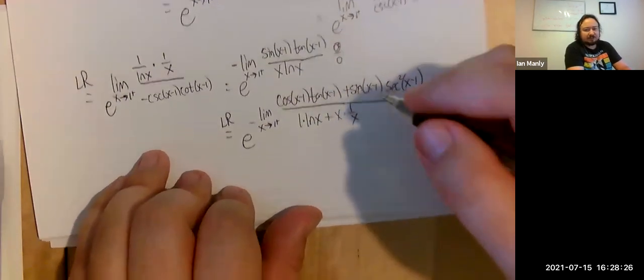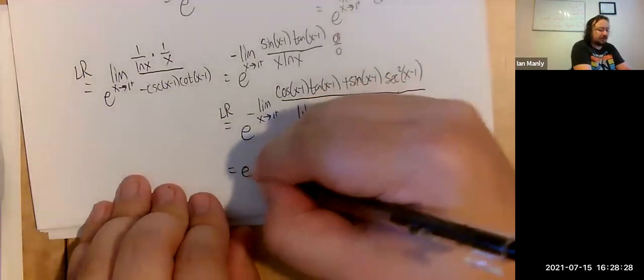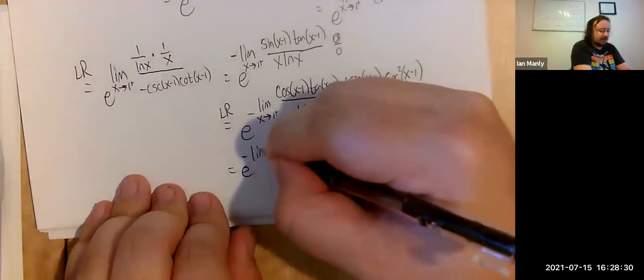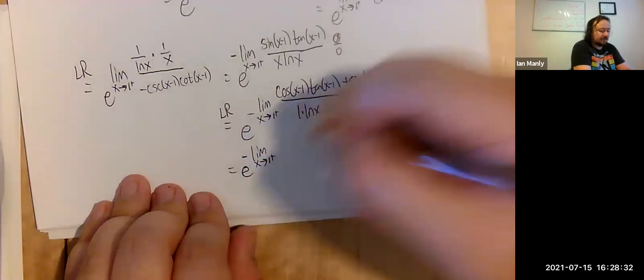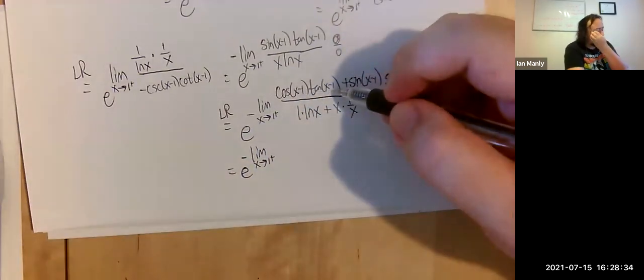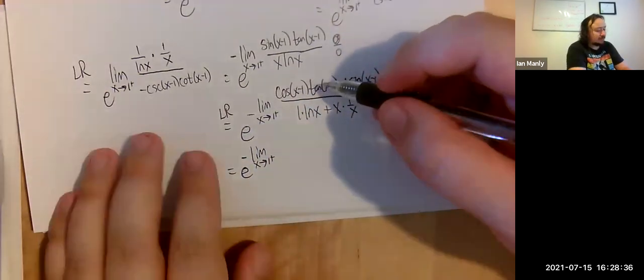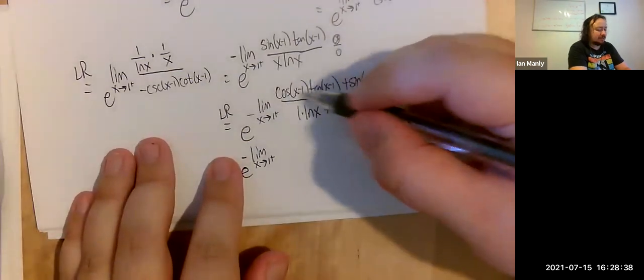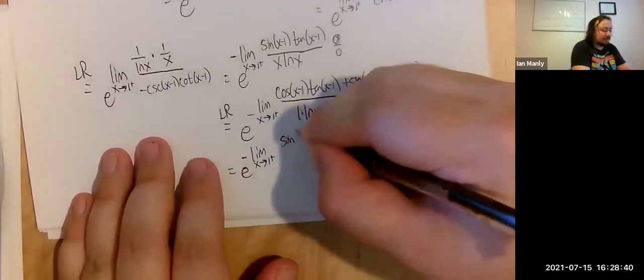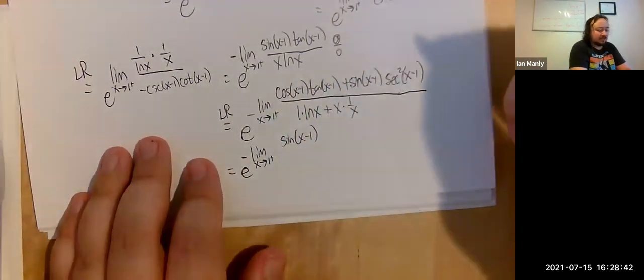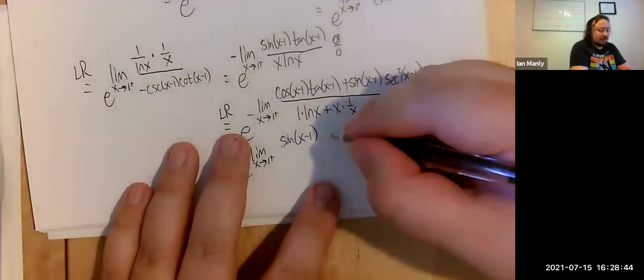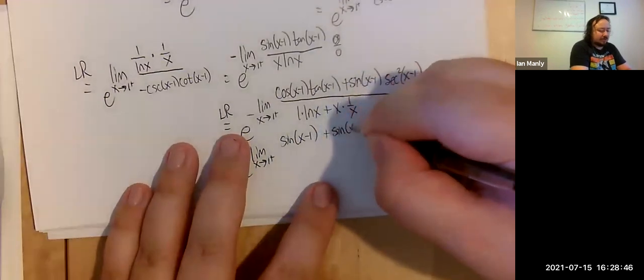All right, now we could definitely do some simplification here. Hopefully it'll be enough. We have negative the limit as x goes to 1 from the right. Now cosine times tangent is sine, because tangent is sine over cosine, so the cosines will cancel. Sine of x minus 1. And then I guess I'll just keep this here.